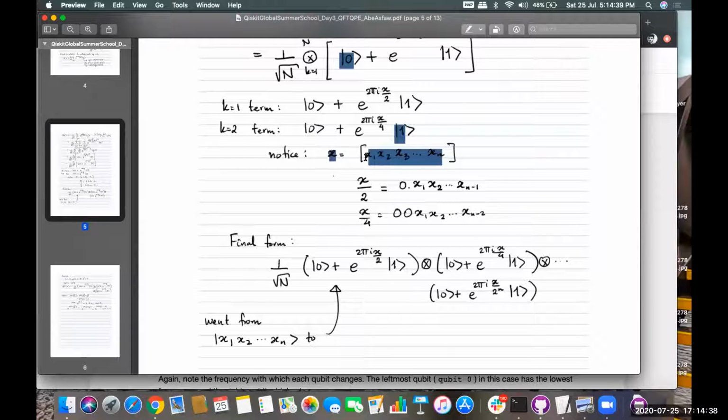So x can be represented by x1, x2, x3 till xn. If we finalize this term and represent it by the generalized formula, that will be given by 1 by root n. This is the one term for x1.